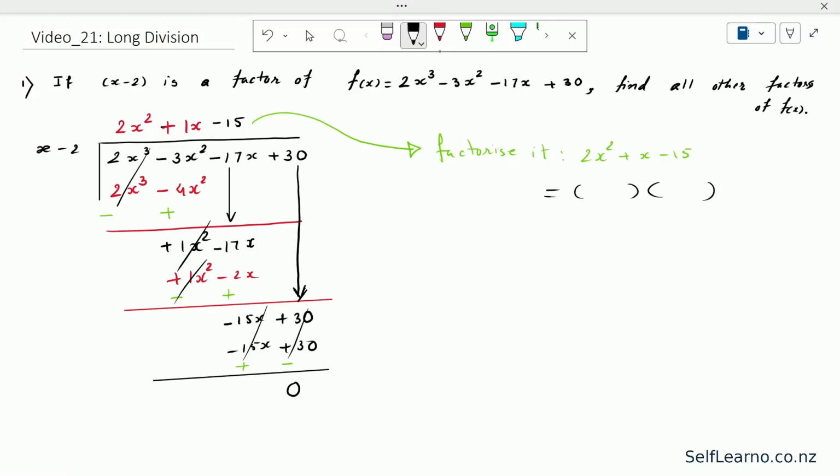If you factorize into two brackets, you will get 2x minus 5 and x plus 3. That's what the question is. x minus 2 is a factor of this, then find all other factors. Other factors are these. This question is in real algebra, but exactly this method is useful to handle complex algebra equations.